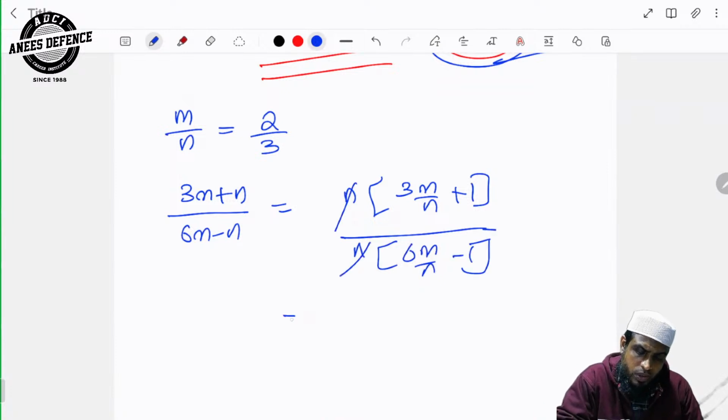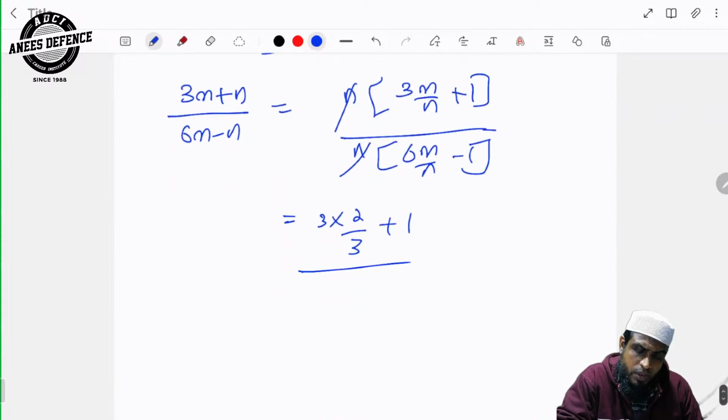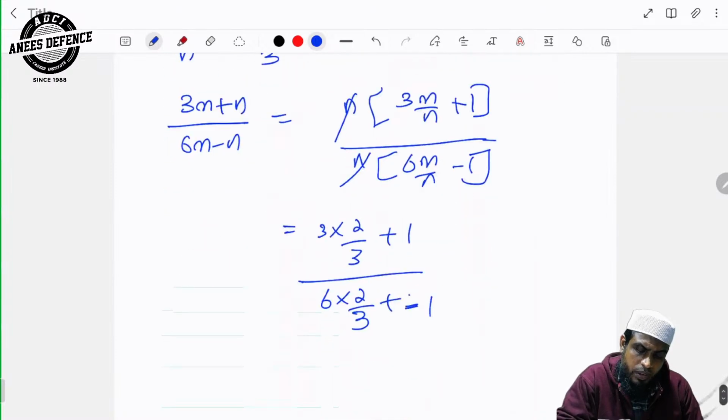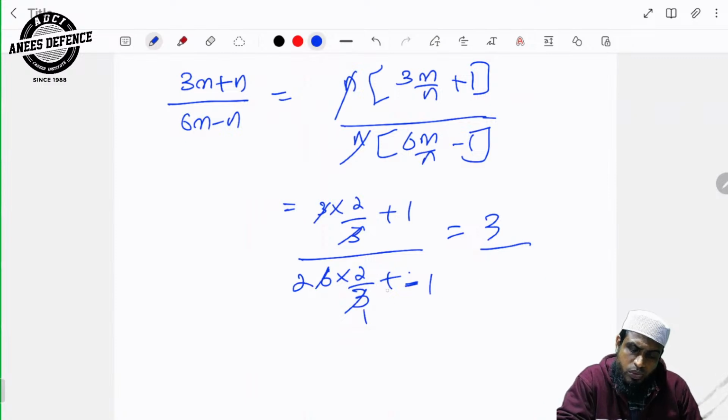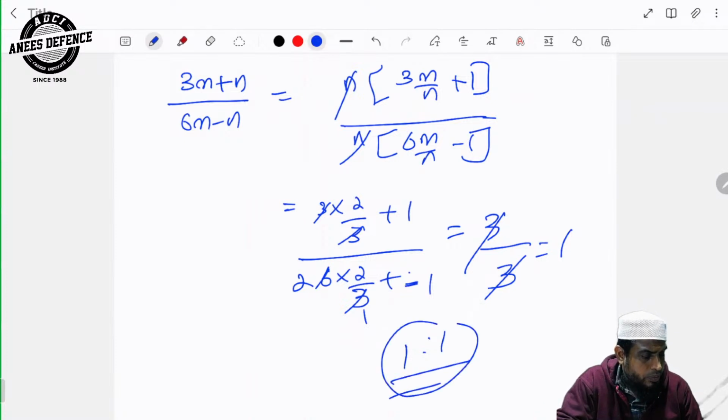Then 3 into 2 by 3 plus 1, divided by 6 into 2 by 3 minus 1. So 2 plus 1 is 3, divided by 4 minus 1, which is 3. The answer is 1, so 1 is to 1.